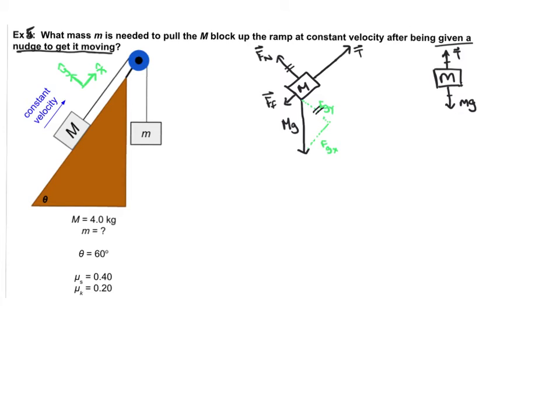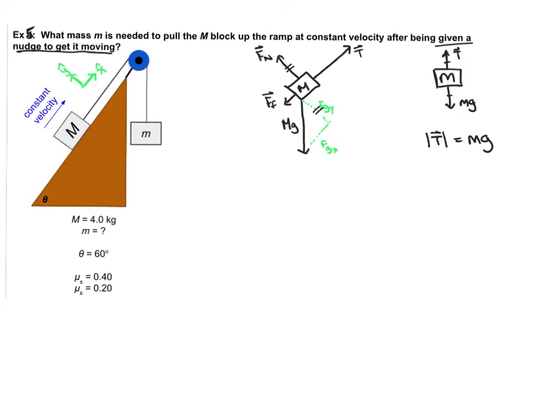Okay, so now I'll set up some equations, starting with the lowercase m block. That one looks nice. Just tension equals mg. Simple as that. And now into my more complicated one, so capital M block.